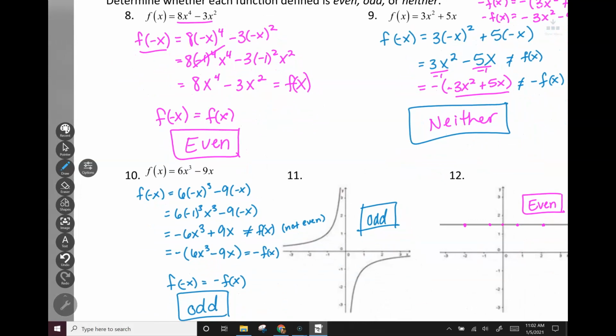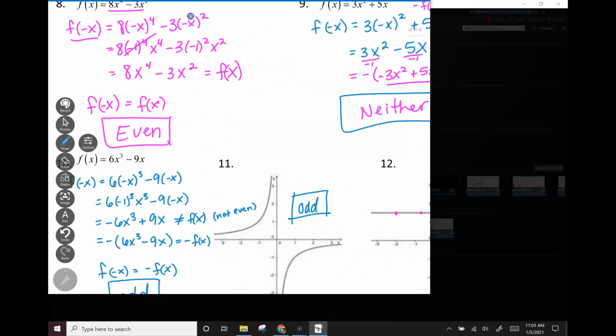Do you notice a pattern for when a function ended up being even versus when it ended up being odd, or even on number 9 where it ended up being neither?